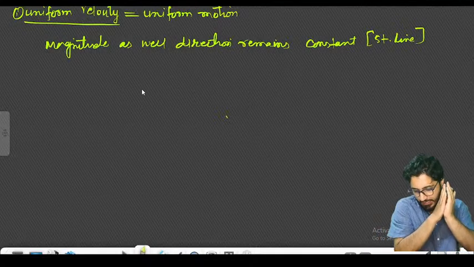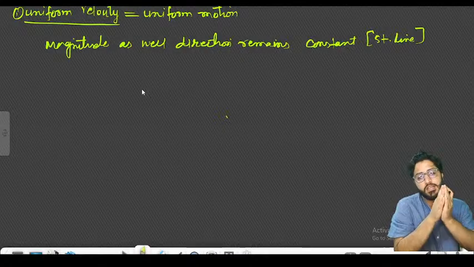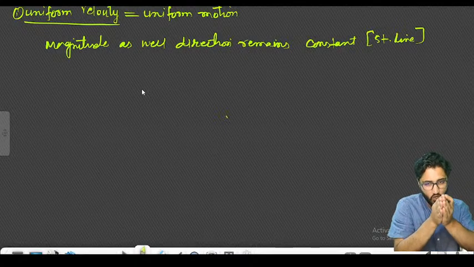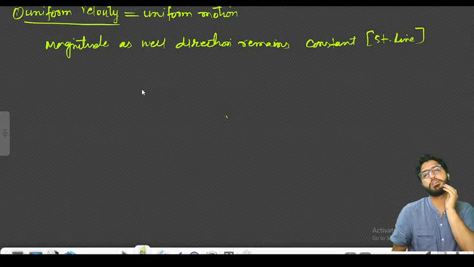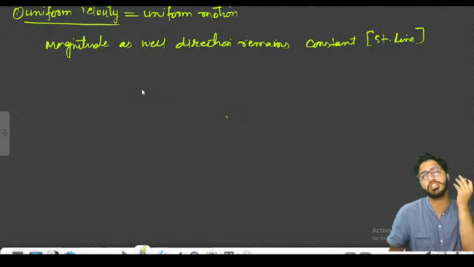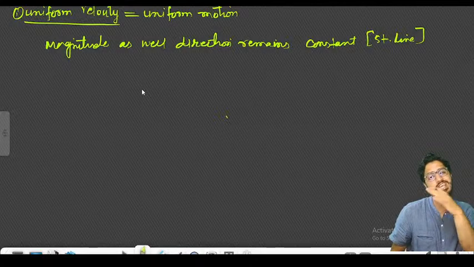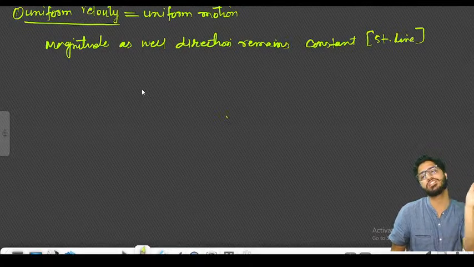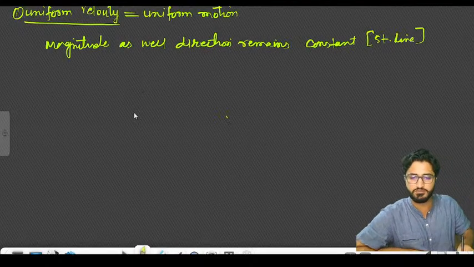If a car, bike, or person is moving with a constant speed in one single direction, not changing direction, this is known as uniform velocity. Suppose a person is going with 2 meters per second in the east direction, with the same speed, 2 meters per second, in the same direction. This type of velocity is known as uniform velocity or uniform motion.